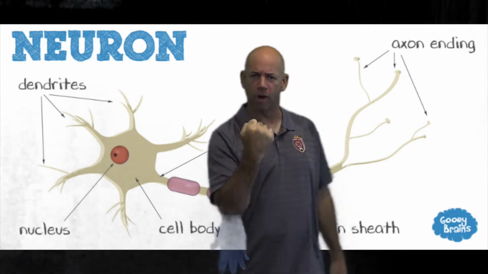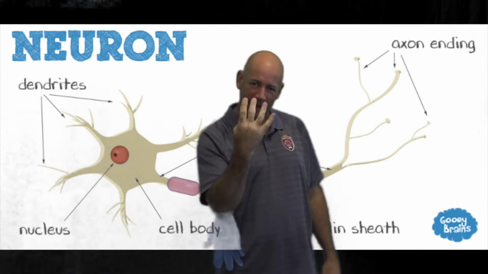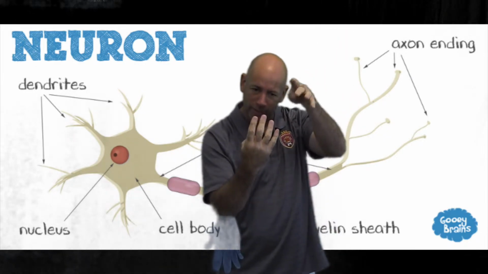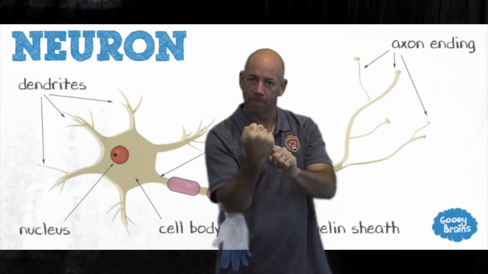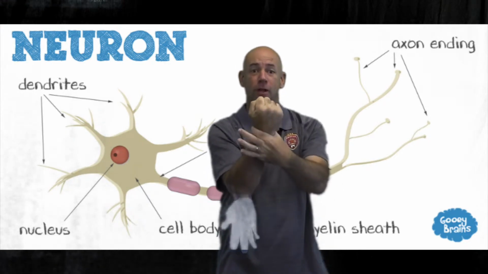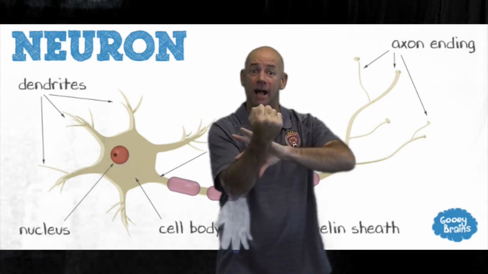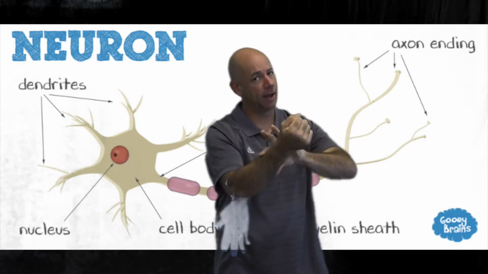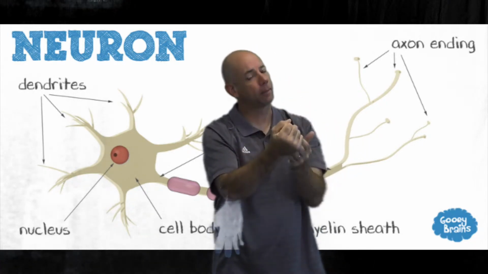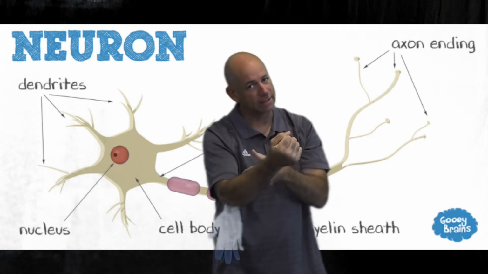So we got soma. We got dendrite. So the information comes down into the dendrite through the soma, and then it gets transferred down the axon. So we're going to say that. Axon. You have to draw it out because it's traveling a long way through the axon.